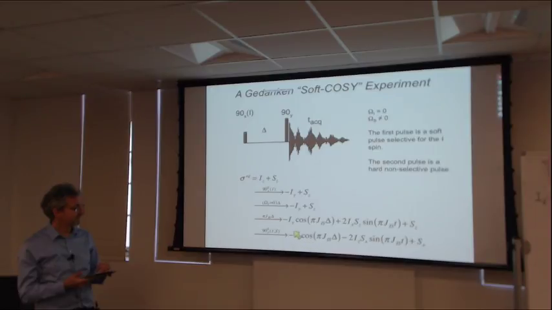This term, the frequency is the I spin frequency. And here we'll have an in-phase doublet. It will be absorptive with the S-spin frequency. So we have an S-spin doublet, an in-phase and an antiphase S-spin doublet. It's also absorptive.